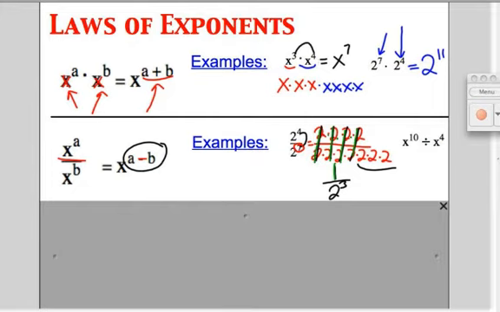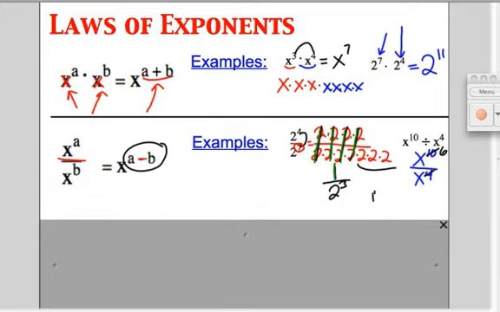So x to the 10th divided by x to the 4th. Remember, we can write that division as x to the 10th over x to the 4th. That means the 4 x's on the bottom will cancel with 4 x's on the top, leaving 6 left over. So there'll be 6 extra x's on the top. That's just 10 minus 4 equals 6.